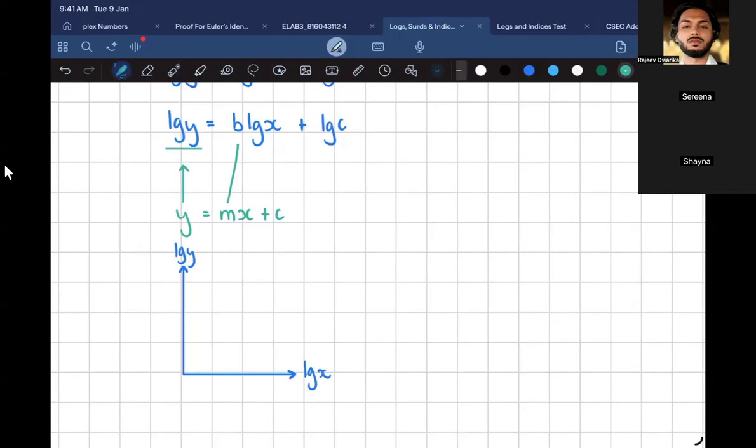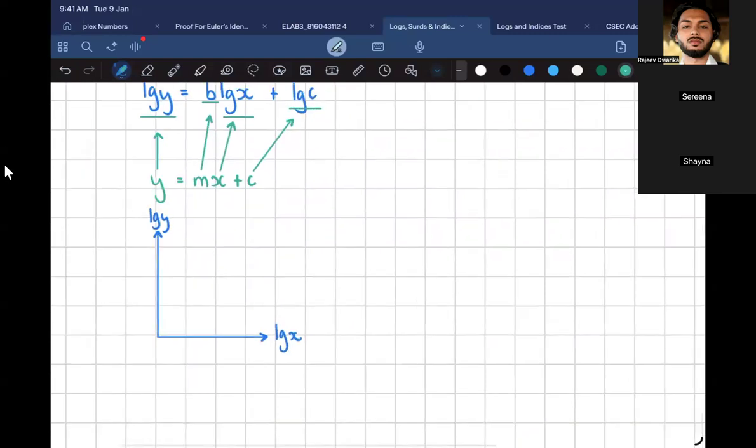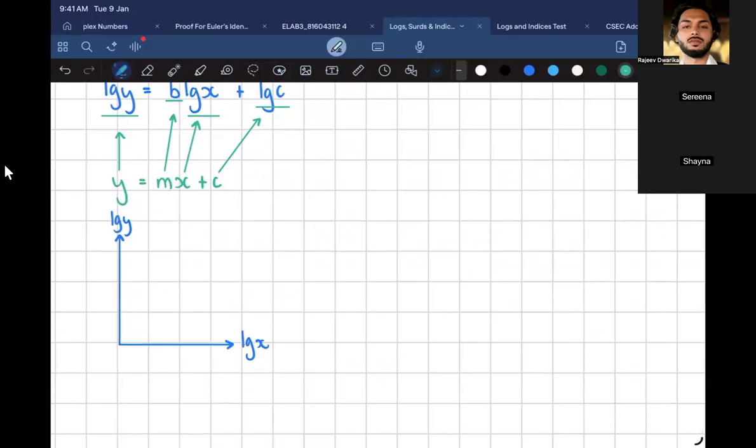Yes, sir. m would be, or b would be m, right? And what would be x? Log x would take the form of x, right? And c would be log c. So you understand? Yes, sir. You sure? Yes, sir.